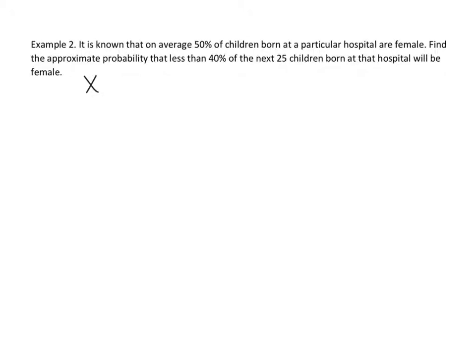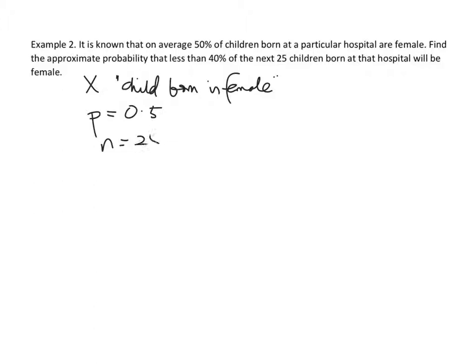Let x be the child born is female, and p is given as 0.5, n is equal to 25, and you're asked to find the approximate probability that less than 40% of the next 25 children will be female.